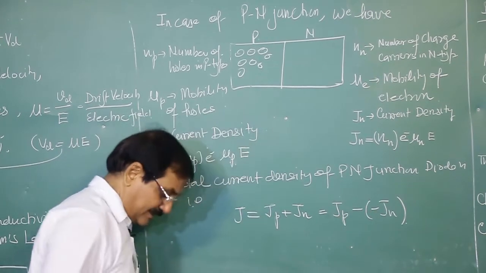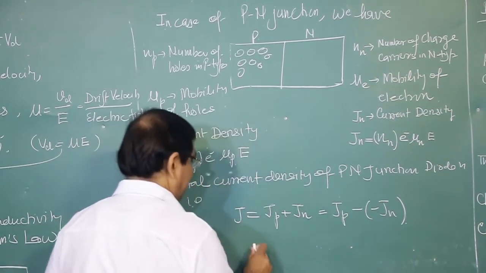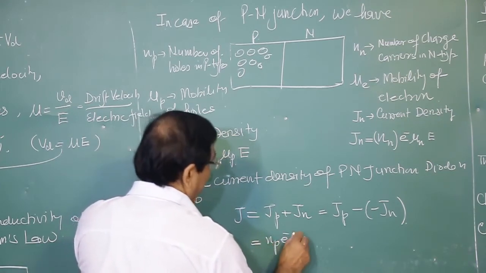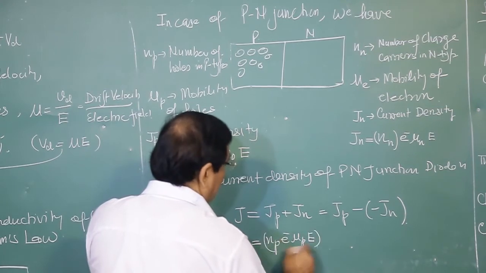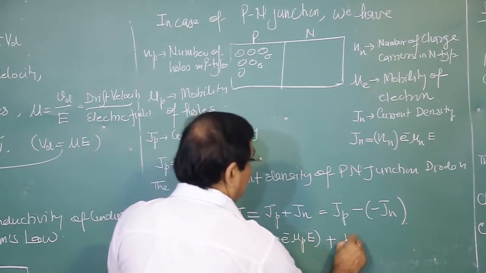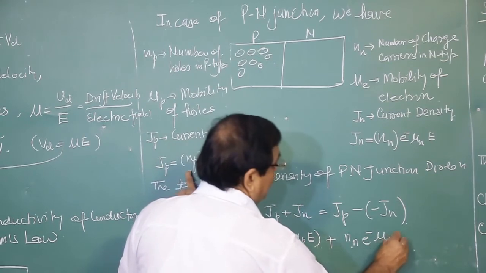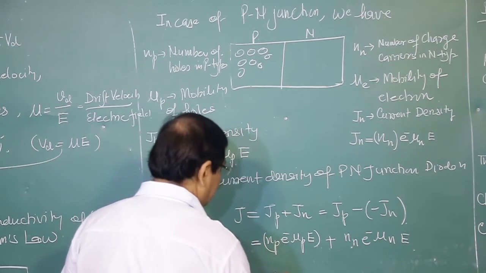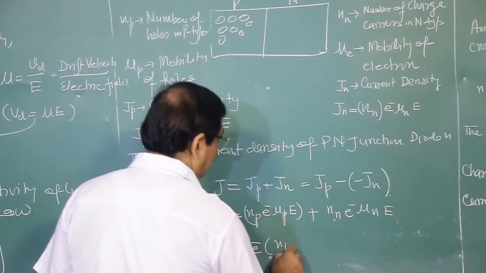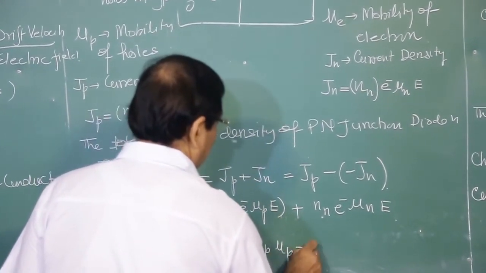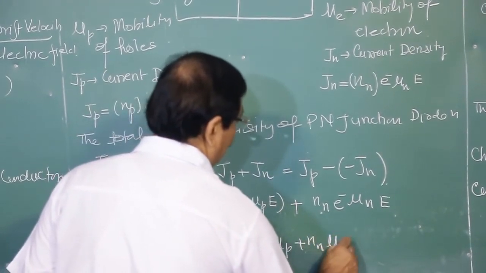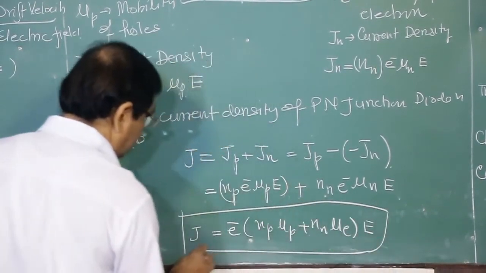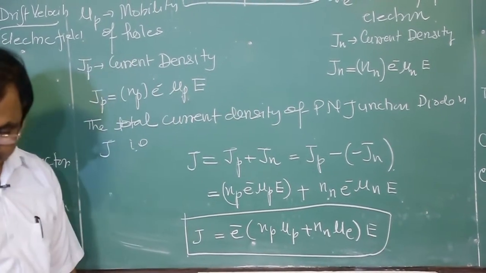So substituting the values, Jp is n p e mu p E, and Jn is n n e mu n E. So what we find, taking E common, J equals (n p mu p plus n n mu n) e E is the current density in the p-n junction.